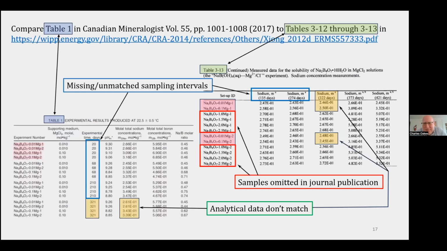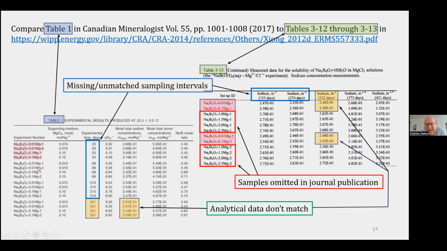So once again, I went through the government literature looking for sample IDs. On the left is a table from the published paper, and the prefix of the sample IDs is the magnesium chloride molality. So he measured two samples, one at 0.01 molal magnesium chloride and one at 0.1.